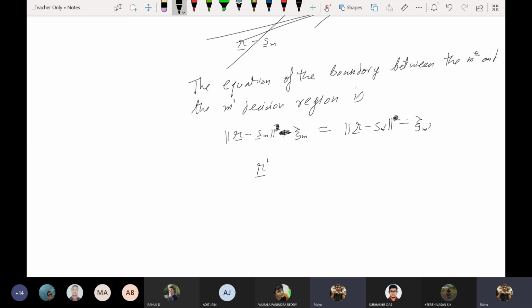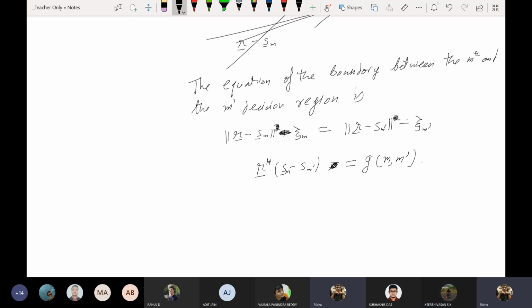You can then show that this reduces to R Hermitian (Sm minus Sm dash) equal to some G, where G is a function of xi m. It doesn't matter if it is a plus or minus xi m.